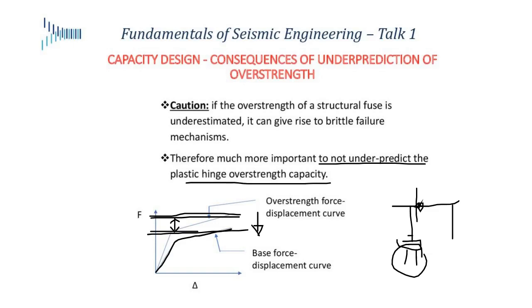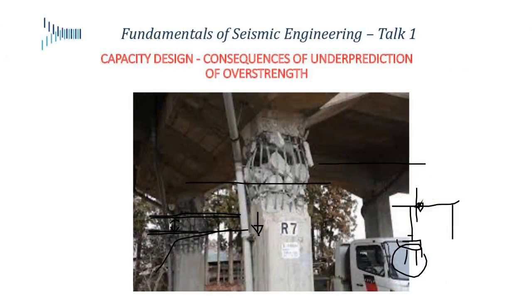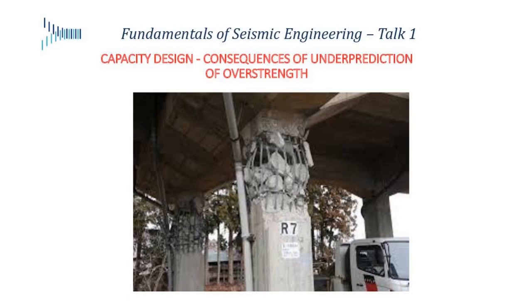The codes lay a lot of emphasis on that, so please keep this in mind as we move forward in our thinking and understanding. And this is clearly what happens when things are not detailed properly. You can see in this figure, very few ties.